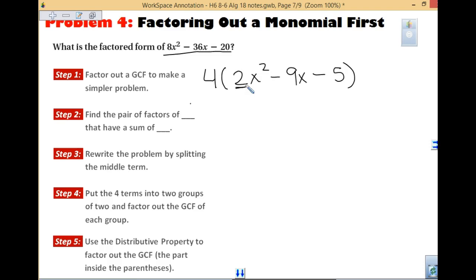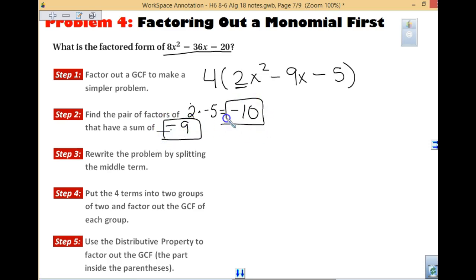So what are we looking at for our 2 numbers? We have to take 2 times the negative 5, so we have to have it getting us negative 10. And now it has to sum to what number? What was our middle? It has to sum to negative 9, okay?